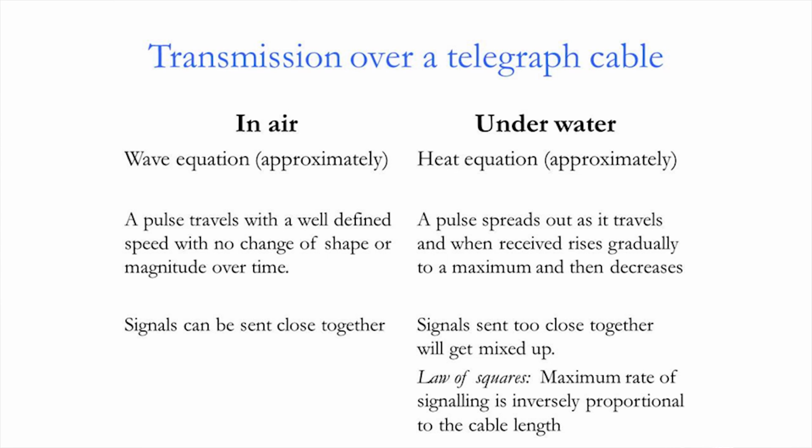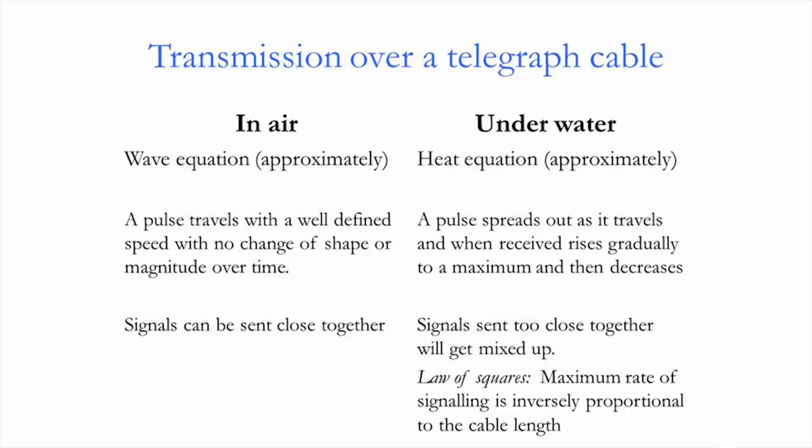We've got a telegraph cable and we're trying to communicate over it, sending pulses, and there'll be some sort of coding in order to interpret the pulses, you know, Morse code or whatever. Now, the behavior of pulses going over a telegraph cable in air is very different from what happens underwater.